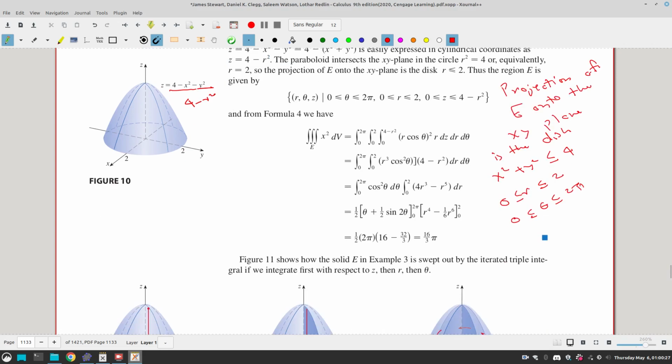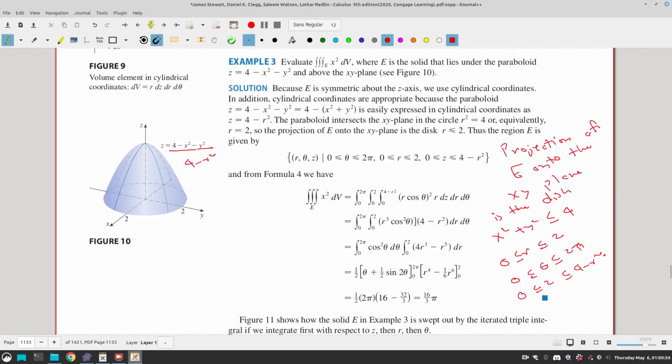So z goes from 0 to 4 minus r square, and the integrand, x square, equals r square cosine square theta, and the measure dV is again r dz dr d theta.